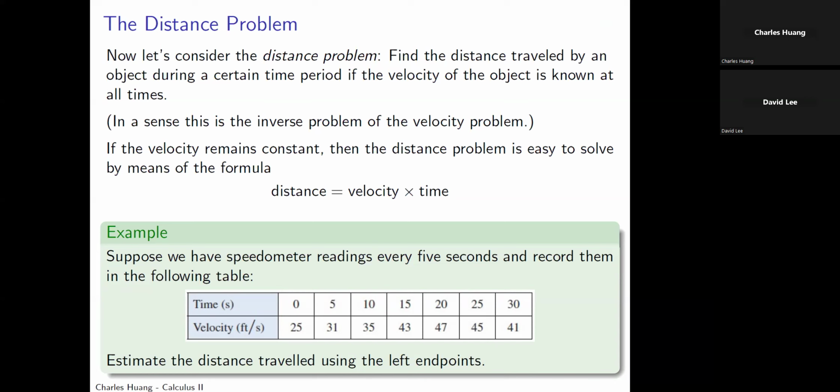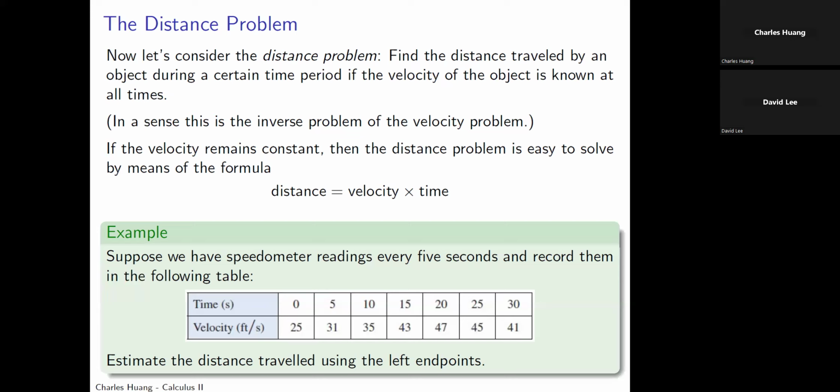One of the applications of calculus is to work with physics, whether to calculate distance, velocity, force, all sorts of things. And distance is one of them.